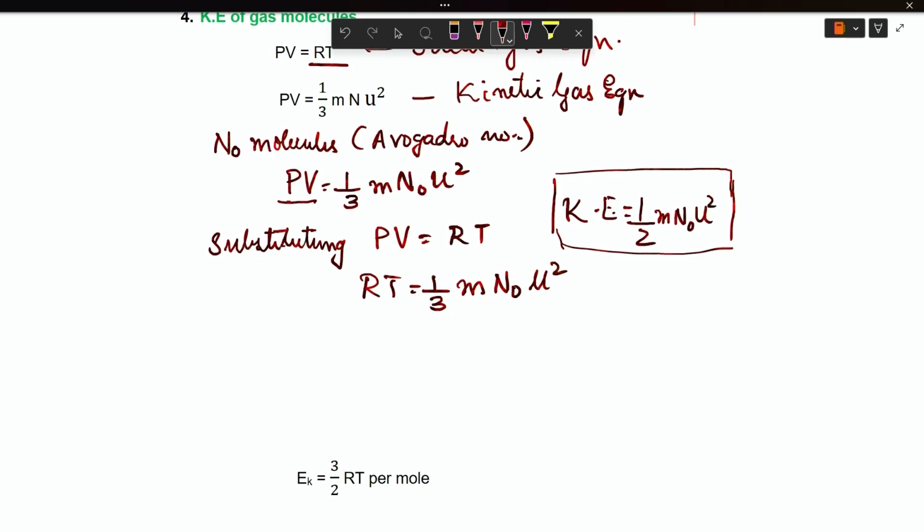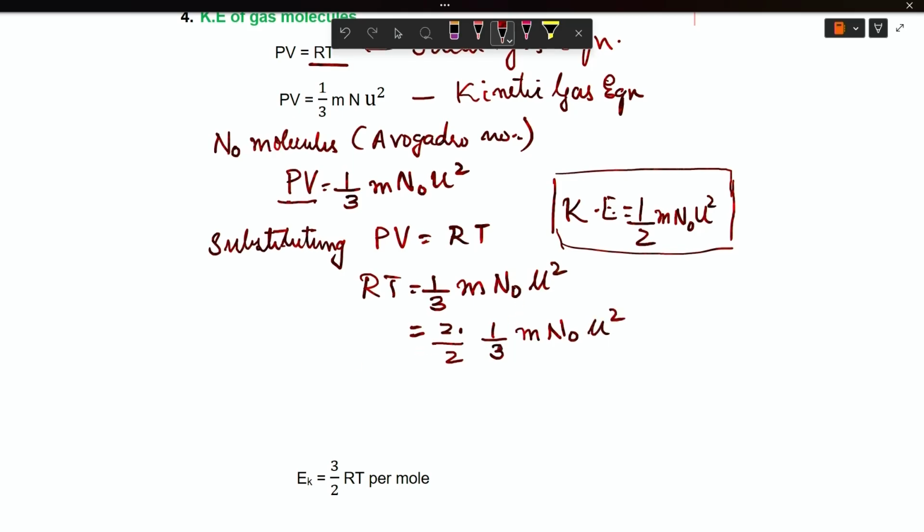Now, what to do? So, what I am going to do is multiply this equation with 2 in the numerator and 2 in the denominator. So, this will be 2 into 2 by 2 into 1 by 3 into m n 0 u square.